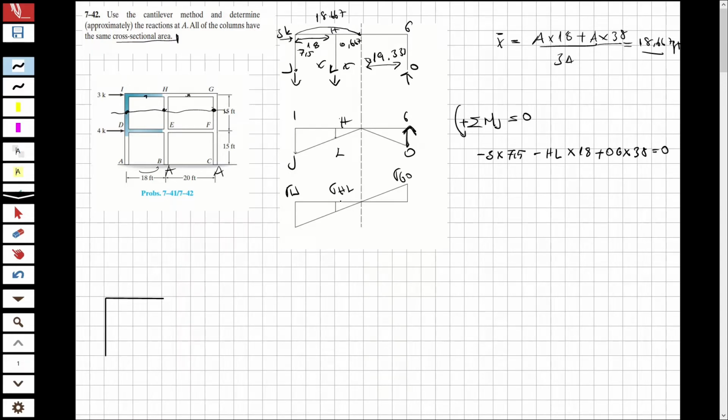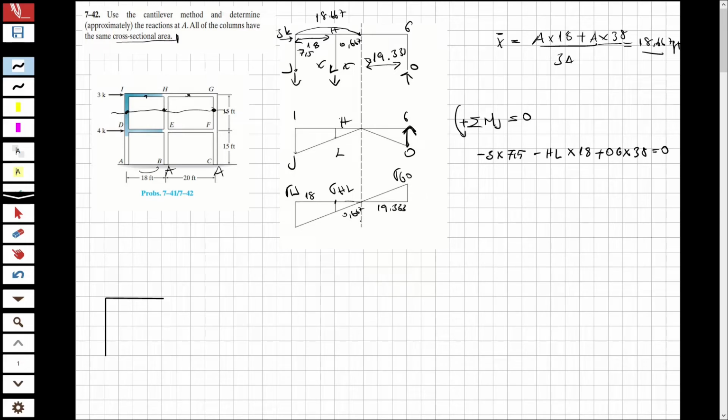This length is 0.667, this length is 19.333, and this length is also 18, from here to that point. So we are going to use the triangles to define these stresses and the forces.